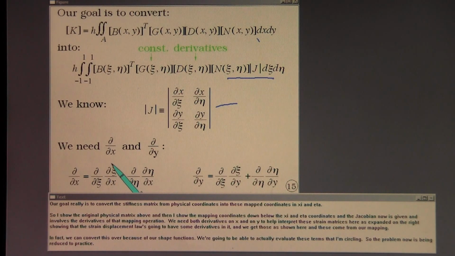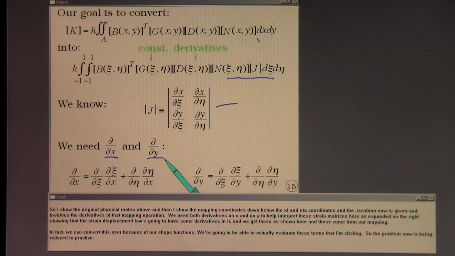We need both derivatives on x and on y to help interpret these strain matrices here as expanded on the right, showing that the strain displacement law is going to have some derivatives in it. And we get those as shown here, and these come from our mapping. In fact, we can convert this over because of our shape functions, we're going to be able to actually evaluate these terms that I'm circling. So the problem now is being reduced to practice.